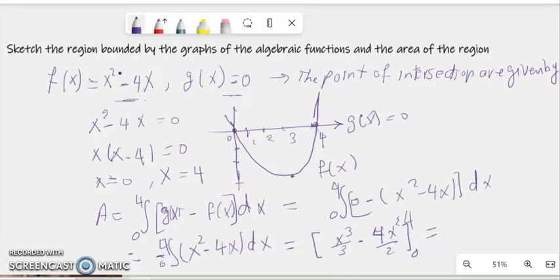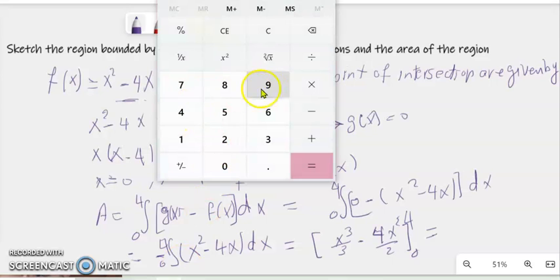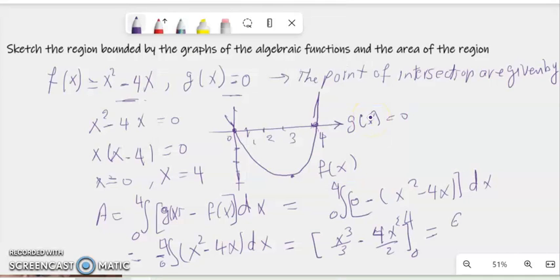So 4 cubed over 3: 4 times 4 times 4 is 64 over 3.